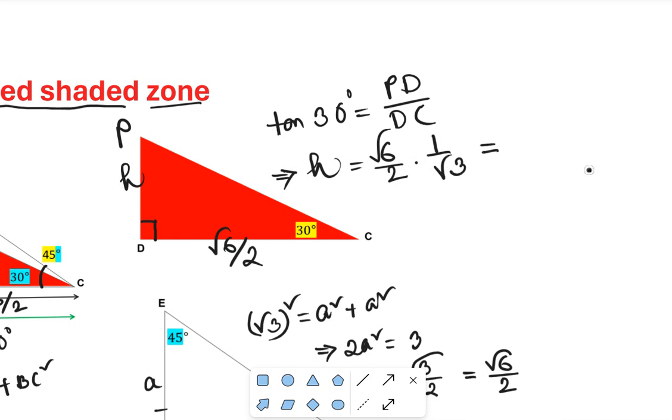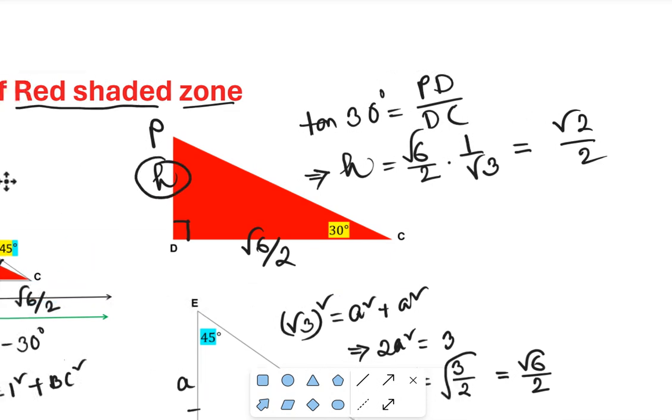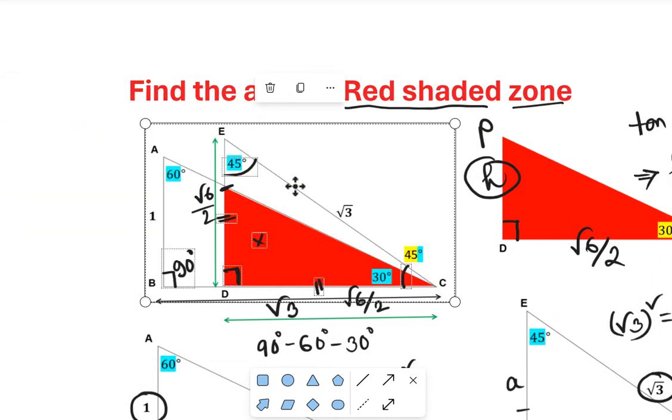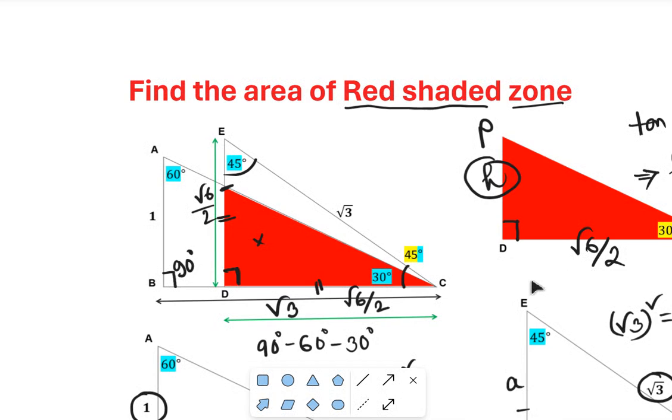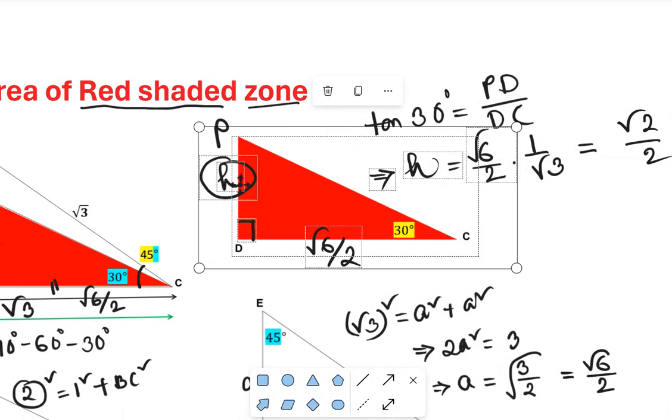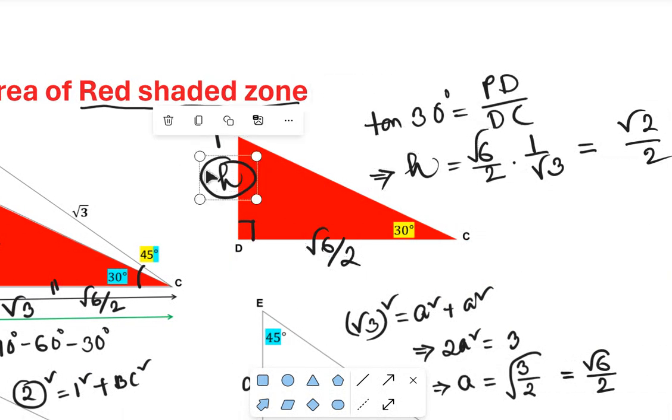So we could write down root 2 by 2. So we have got the value of the height, right? So we have got the value of H, which is actually root 2 by 2.